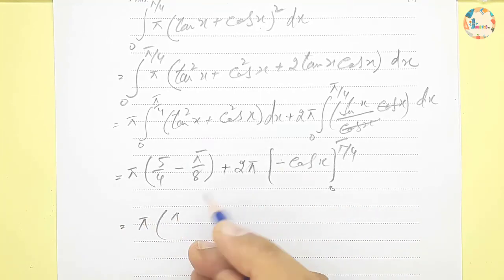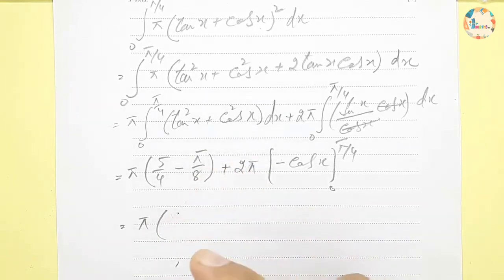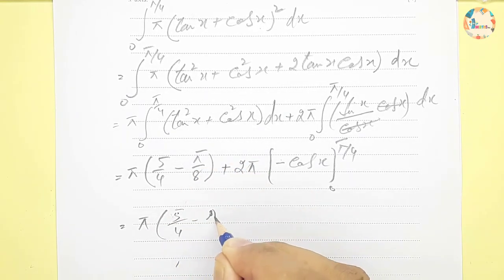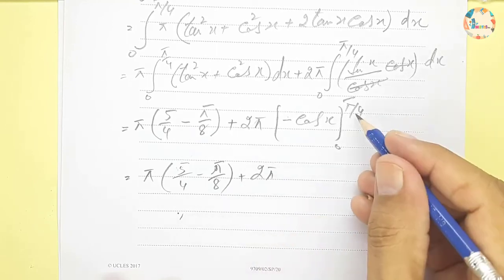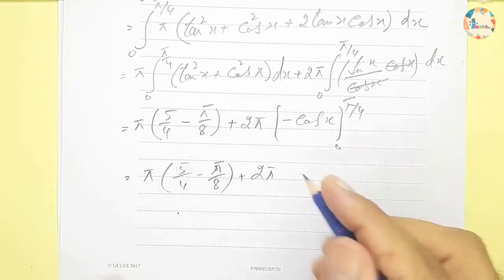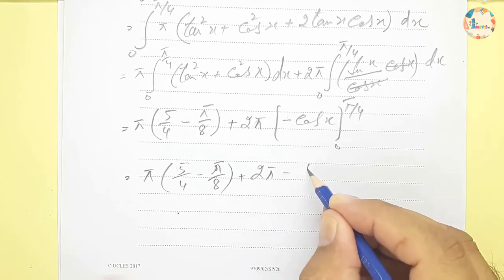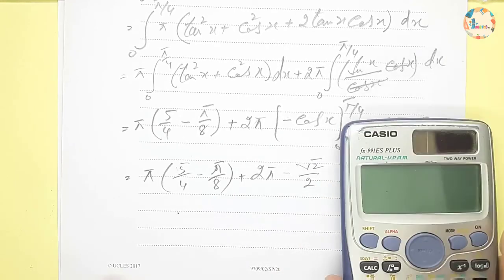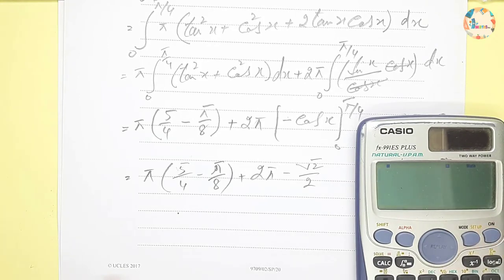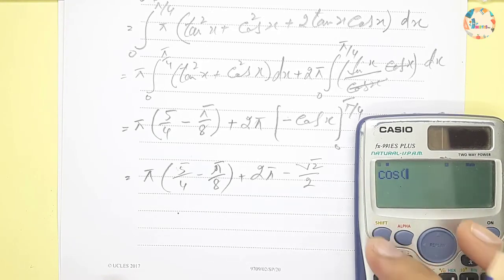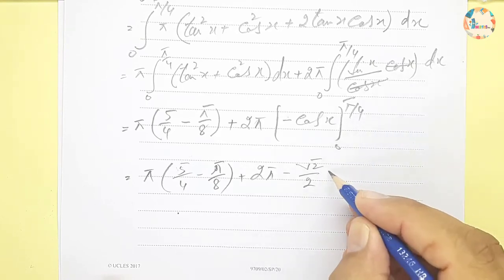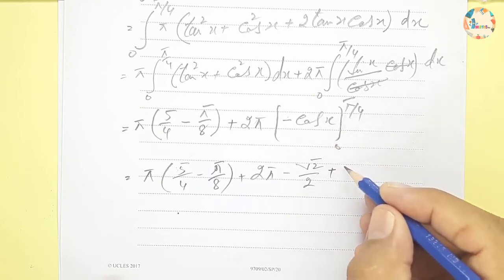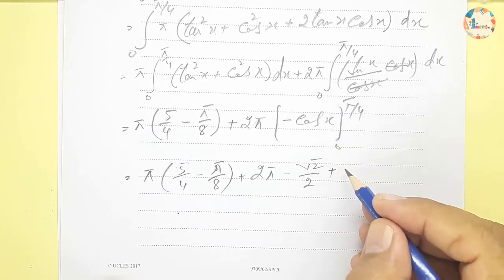So we will write here 5 by 4 minus pi by 8 and plus 2 pi, and the upper limit will be replaced first, so we will get minus under root 2 over 2, basically cos pi by 4, we can check, cos of pi by 4 is equal to under root 2 over 2, plus cos 0 will be 1.